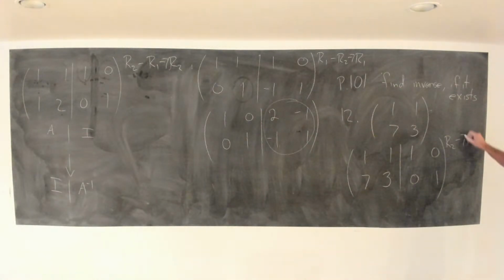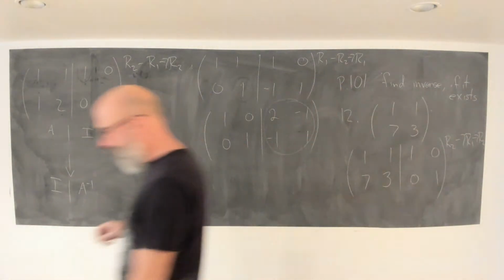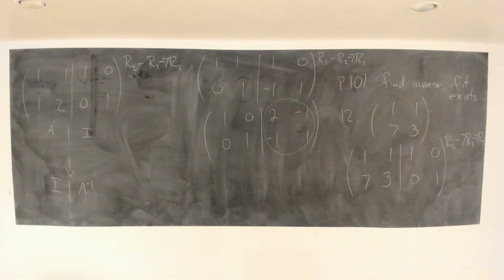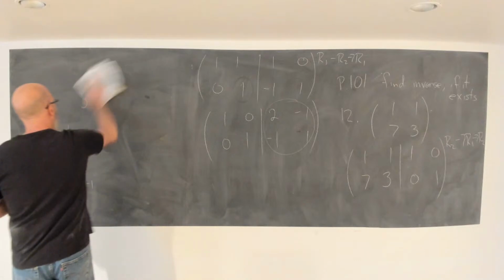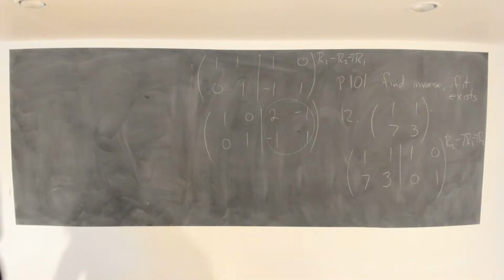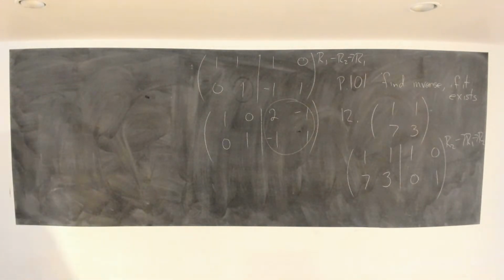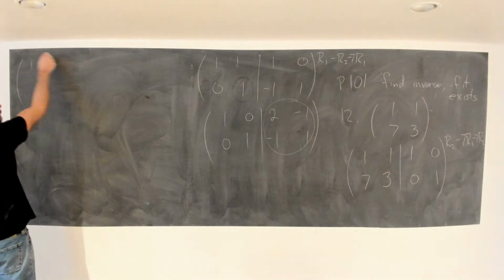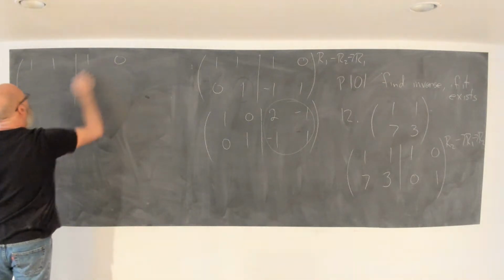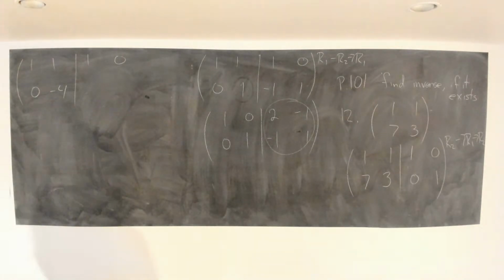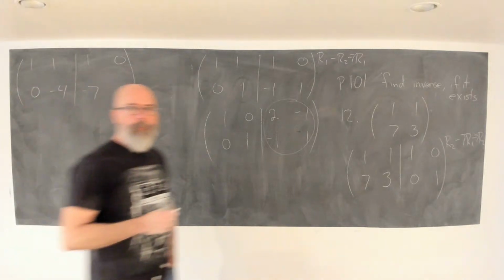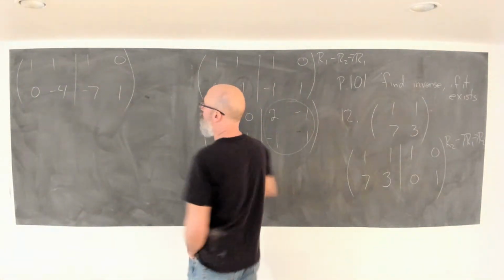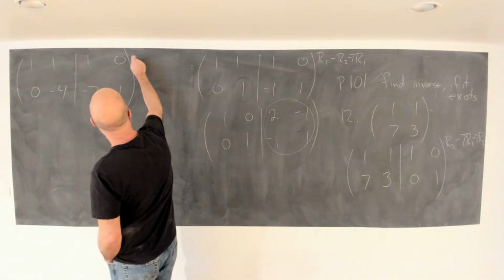Row 2 minus 7 row 1 for row 2. Let's change this minus 4 into a 1.